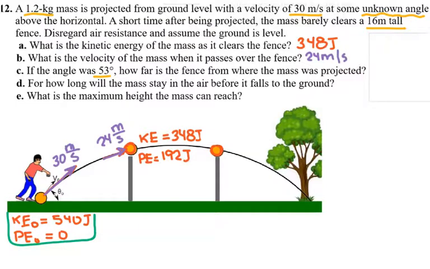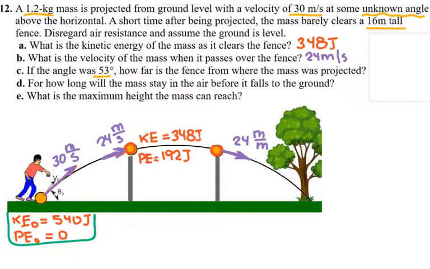I'm going to write my answers as I'm answering them. If the angle was 53 degrees, how far is the fence from where the mass was projected? Also, if this is 24 meters per second, then that one is also 24 meters per second because it has exactly the same kinetic energy.